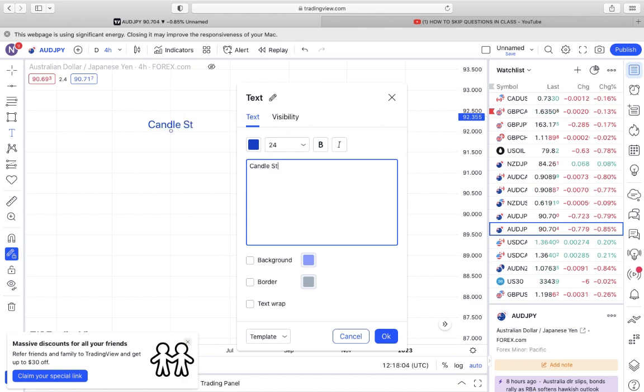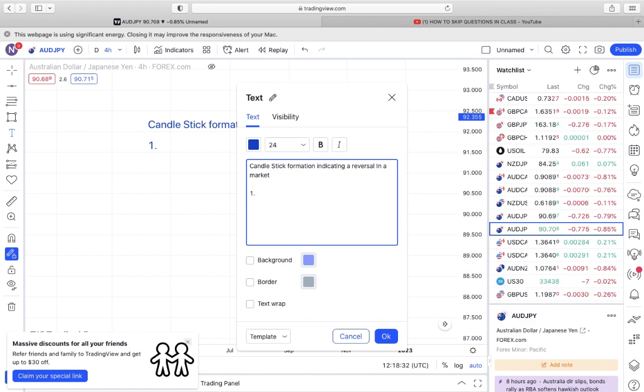Candlestick formation indicating a reversal in a market. And this is very key, guys. Sorry, guys. This is very key.